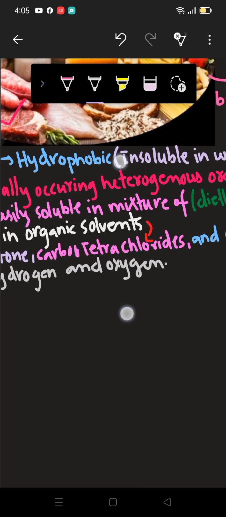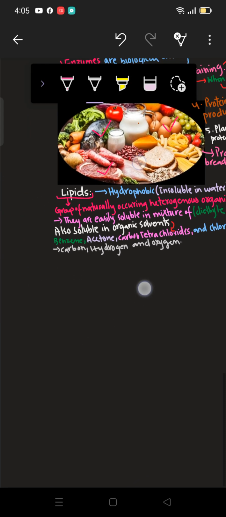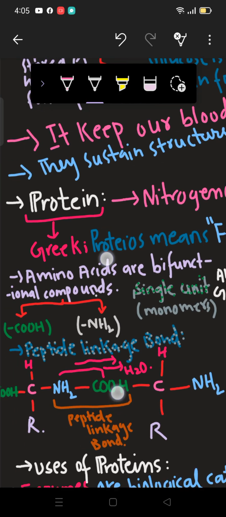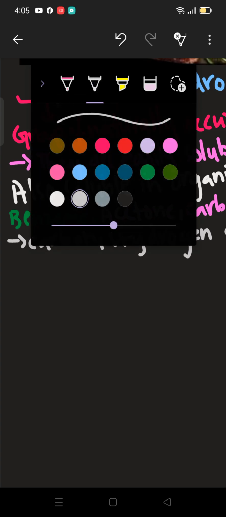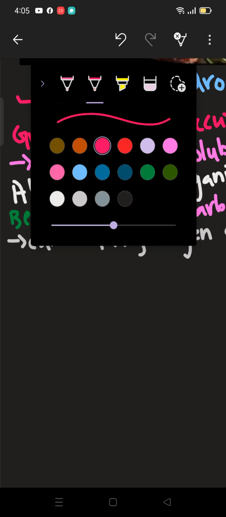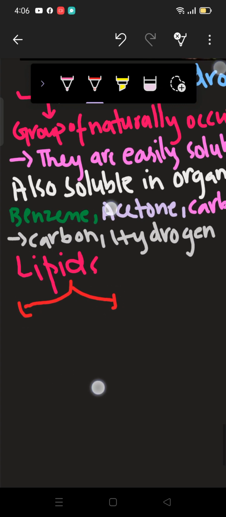Now what are lipids made up of? They are made up of 3 fatty acids and 1 glycerol. Let me write here, lipids are made up of two things.